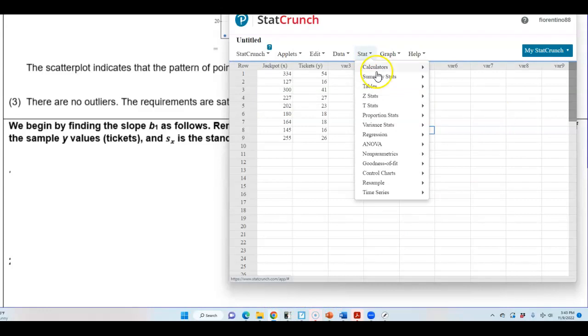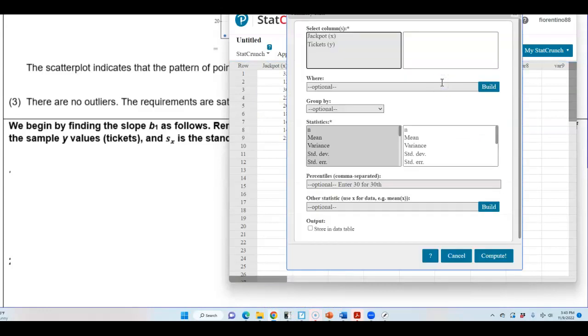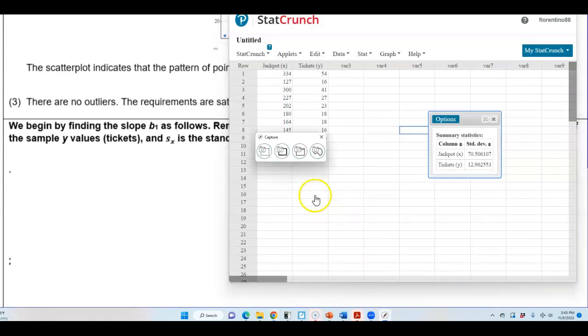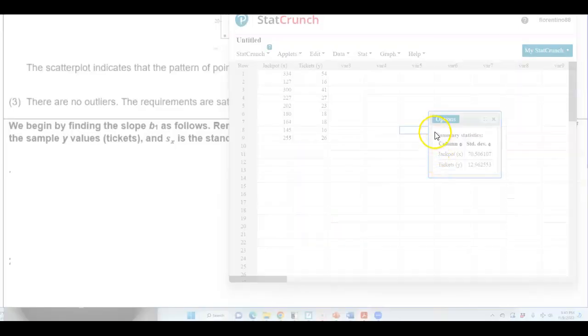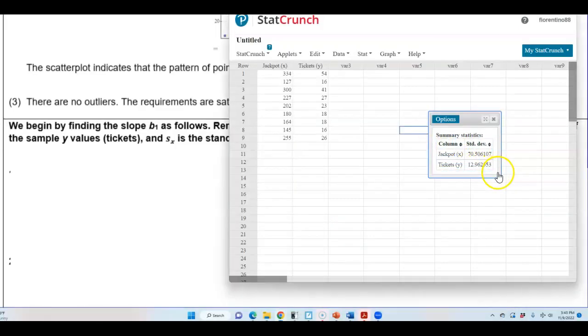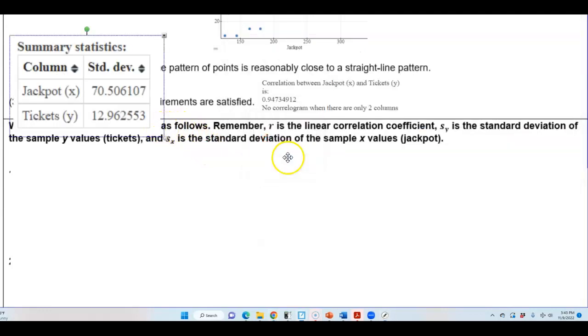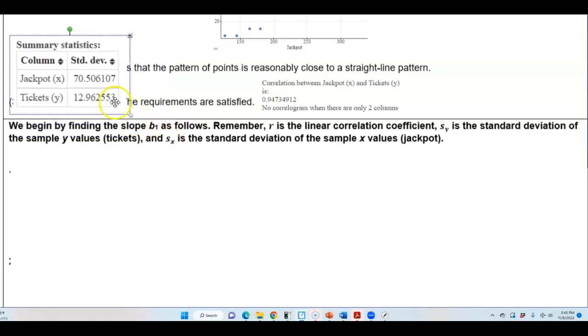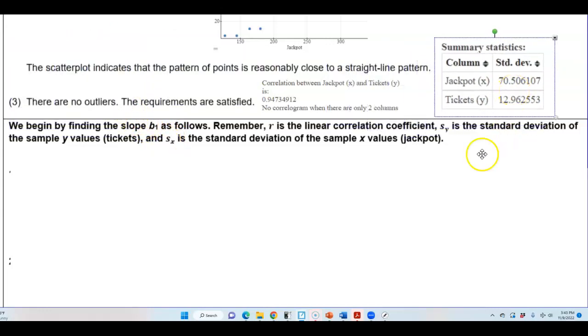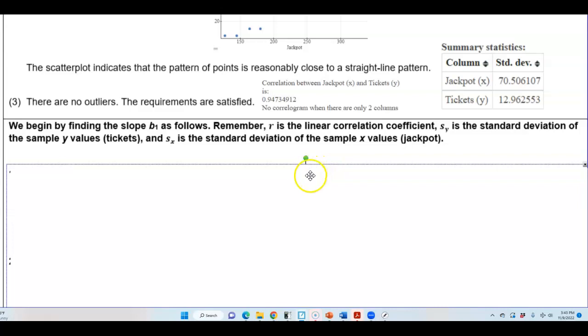I'm going to go to Stat, Summary Stats, and go to Columns. Select both jackpot and tickets, select standard deviation, and then select Compute. Now let's take a look at the standard deviation.